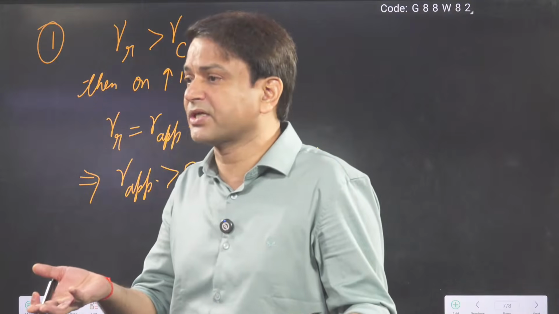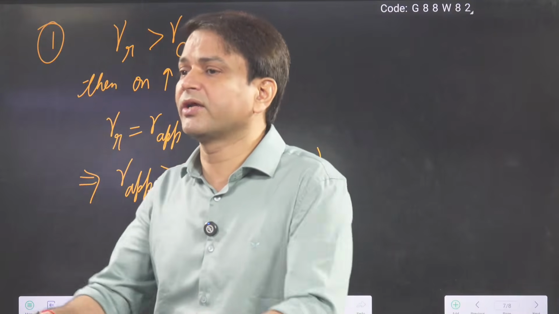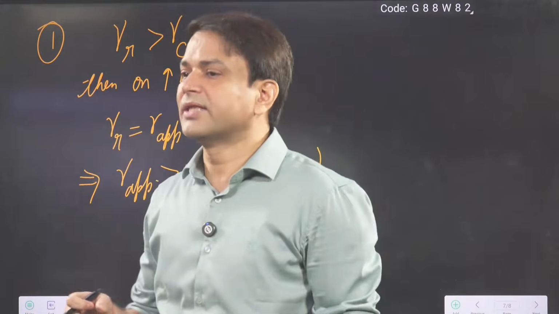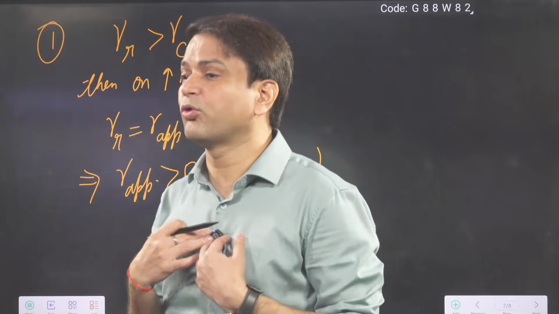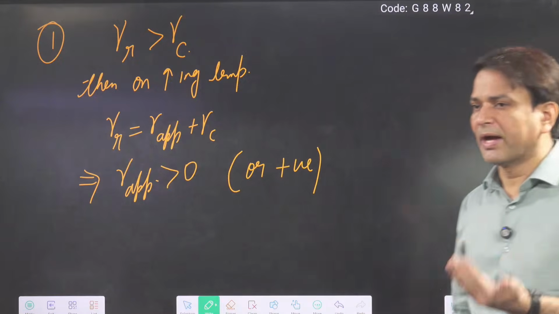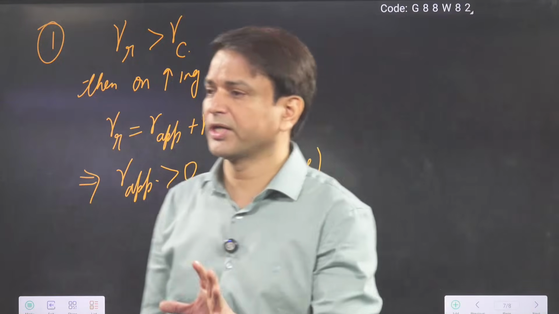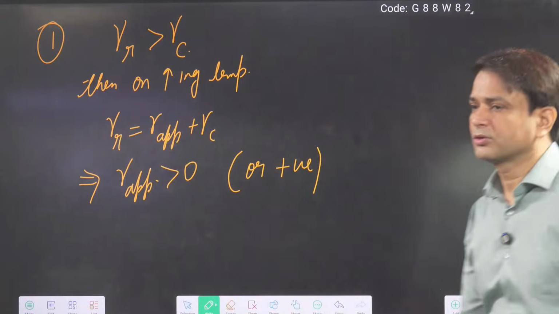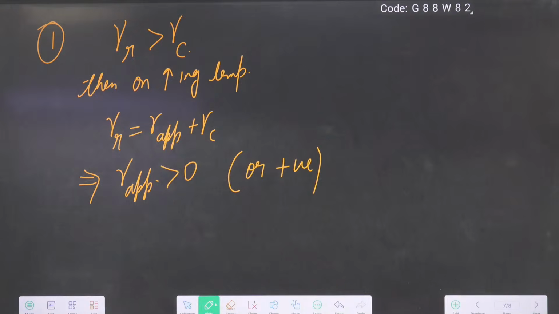Then what explanation do we give? On heating, the liquid expanded, that's why it is overflowing. Then for us, gamma apparent is positive, or greater than 0. Everybody got it or not? So if the liquid's gamma is more than the container's gamma, then gamma apparent will come positive.